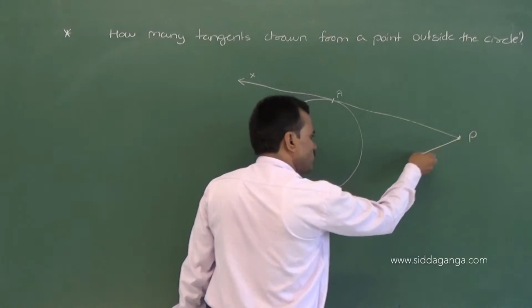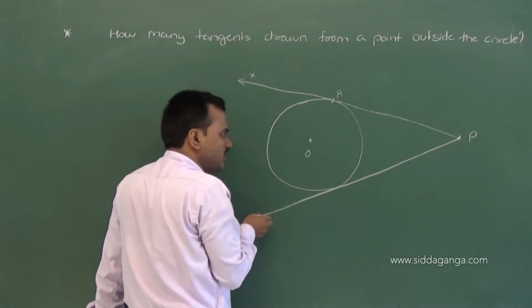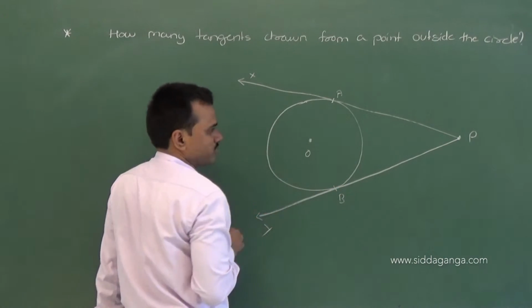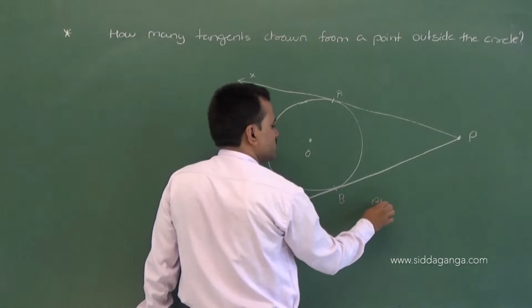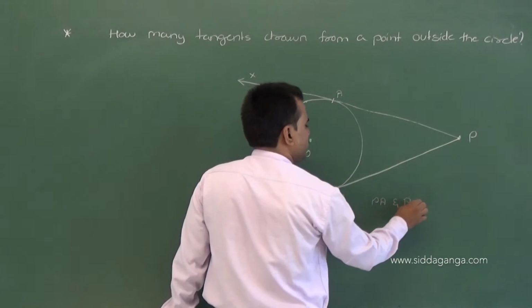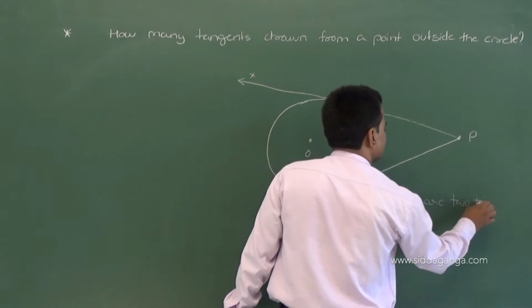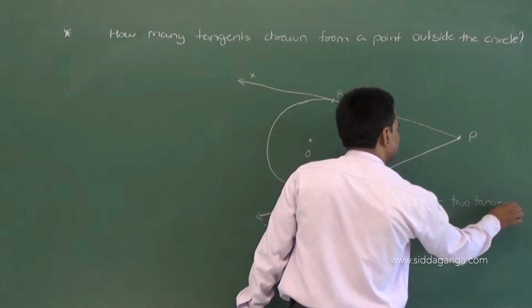From the point P, I draw one more tangent that will meet at point B. So PA and PB are two tangents. So you got the answer, I think.